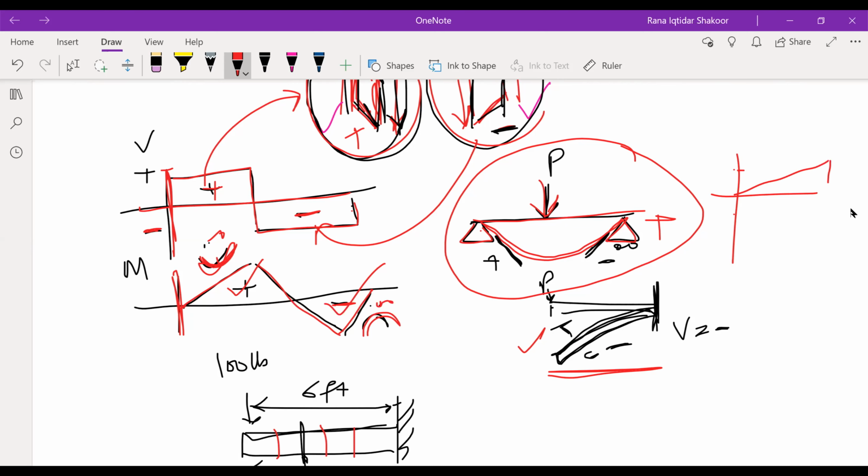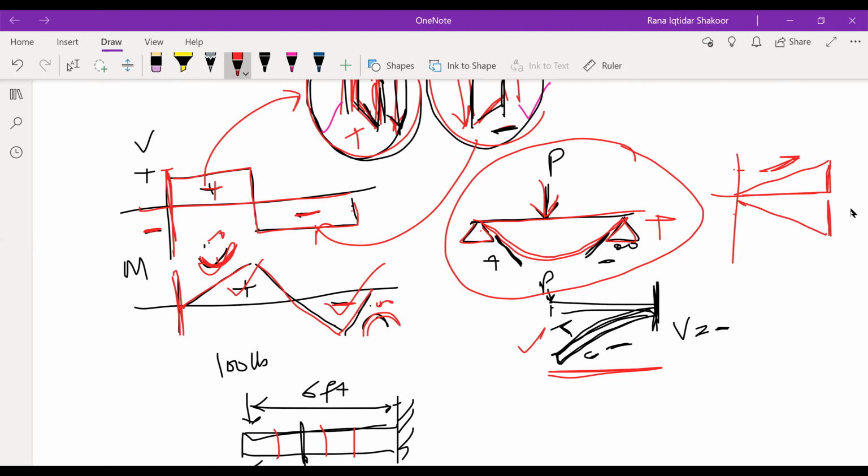Over here it will be gradually increasing as A increases, and this is the positive side of the bending, right. And if this load is being applied from the upward condition, it may come on the negative side of this one.